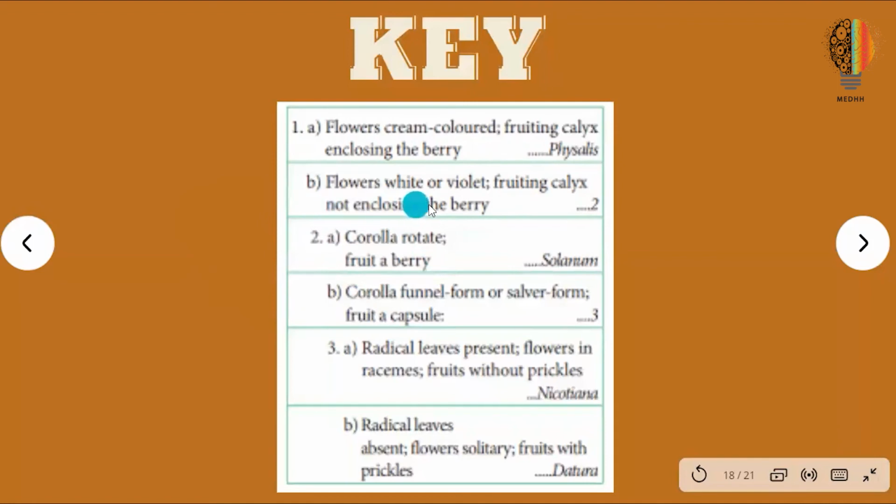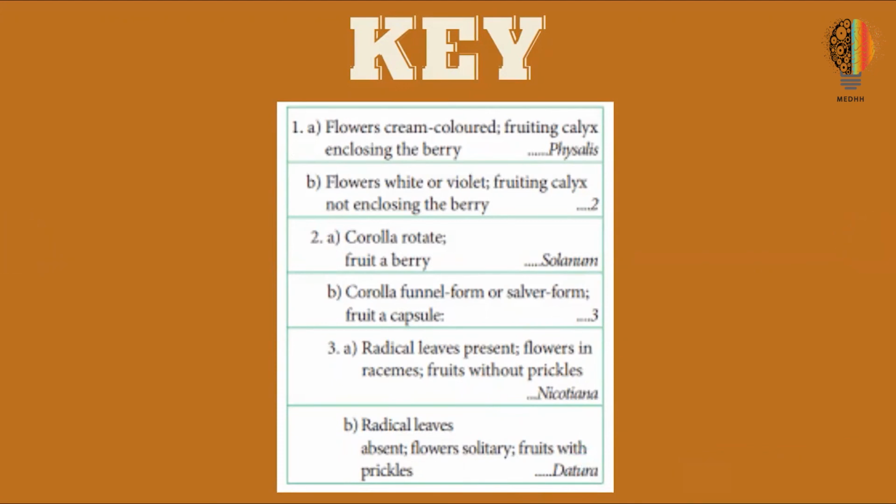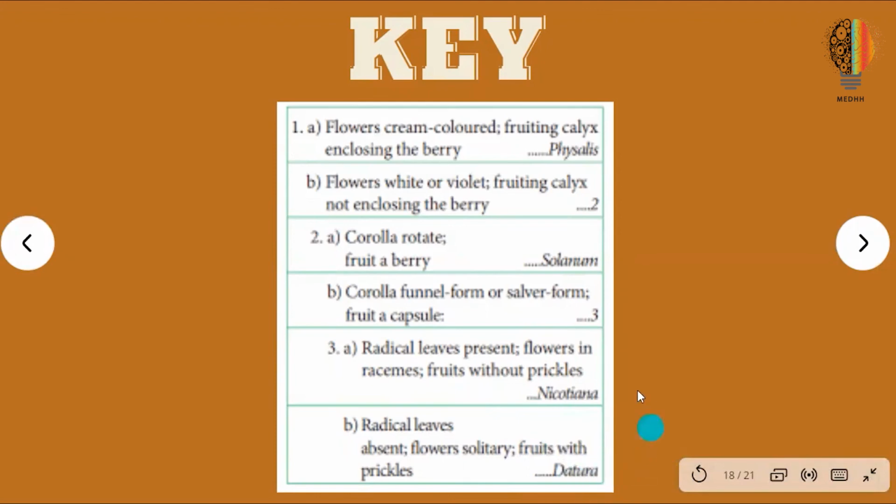If the flowers are white, I have to check whether the structure of the corolla is rotate or funnel shaped. If it is funnel shaped, I have to go and check couplet number 3 to confirm whether it is Nicotiana or Datura. So this is how you go one by one and compare the contrasting statements or leads, and you finally identify the particular species.